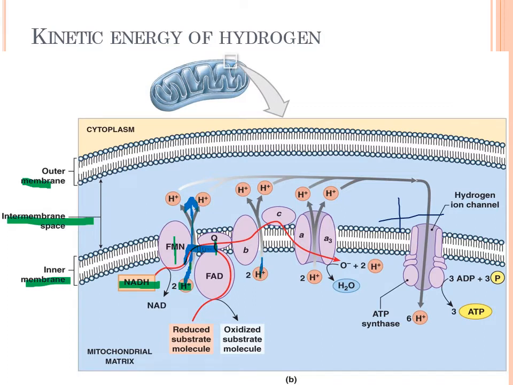And that happens multiple times along the way. So we end up pumping all of these positively charged hydrogen ions up into the intermembrane space. So we have a positive charge overall in the intermembrane space and a negative charge in the matrix of the mitochondria. This gives us a large transmembrane potential.